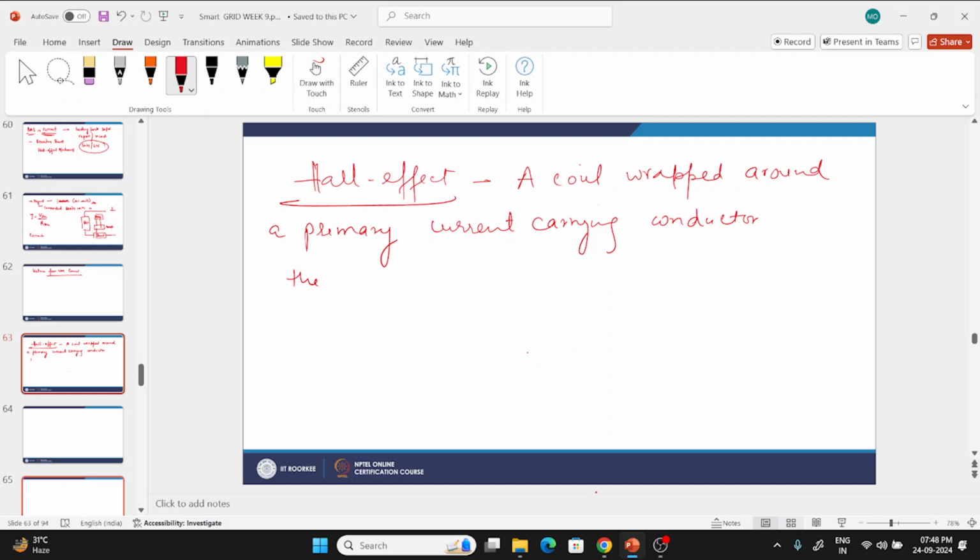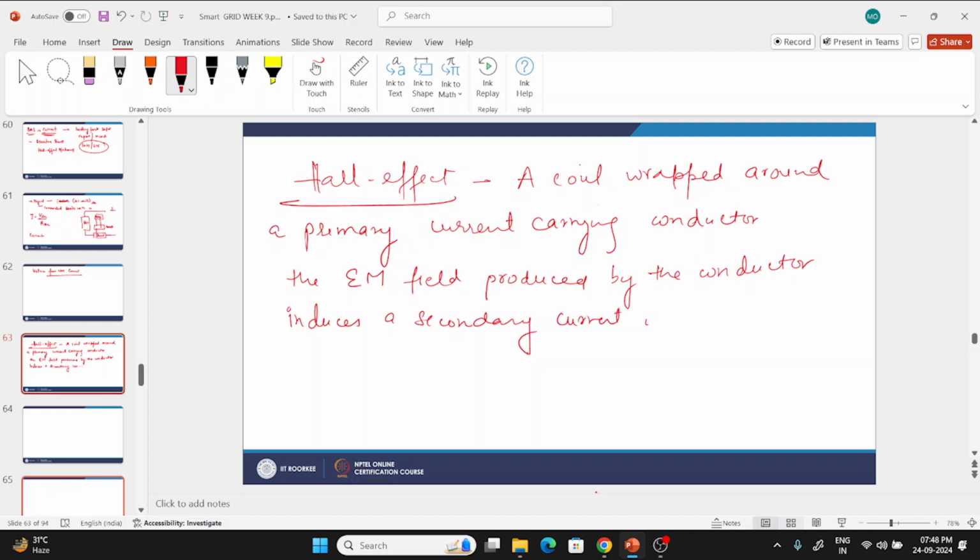The electromagnetic field produced by the conductor induces a secondary current in the coil.